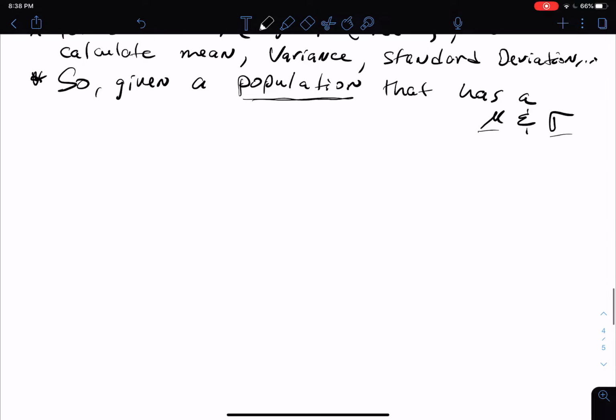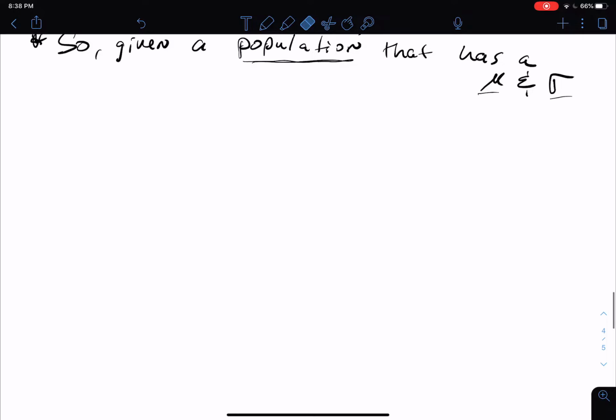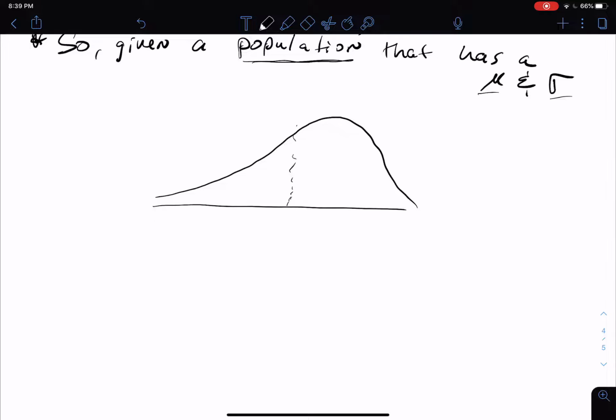So just to get a sense of what's happening here, let's take an example of some population, and it might be normal or it might be not normal. Let's do something that's not normal, something that looks skewed, something like this. So it's not perfectly normal. And maybe the mean is over here somewhere.